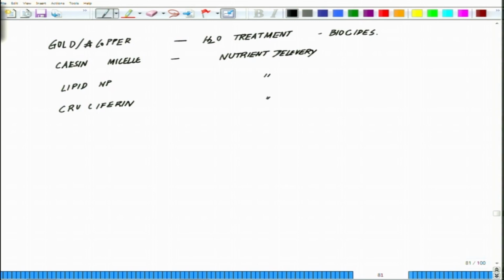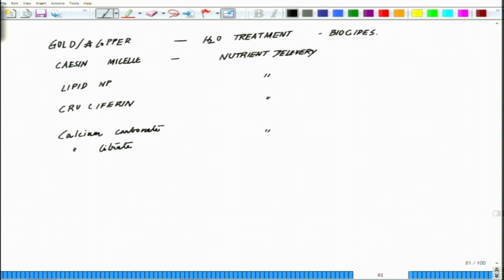Then you have calcium carbonate and calcium citrate metal nanomaterials, which are used for different kinds of nutrient delivery applications.